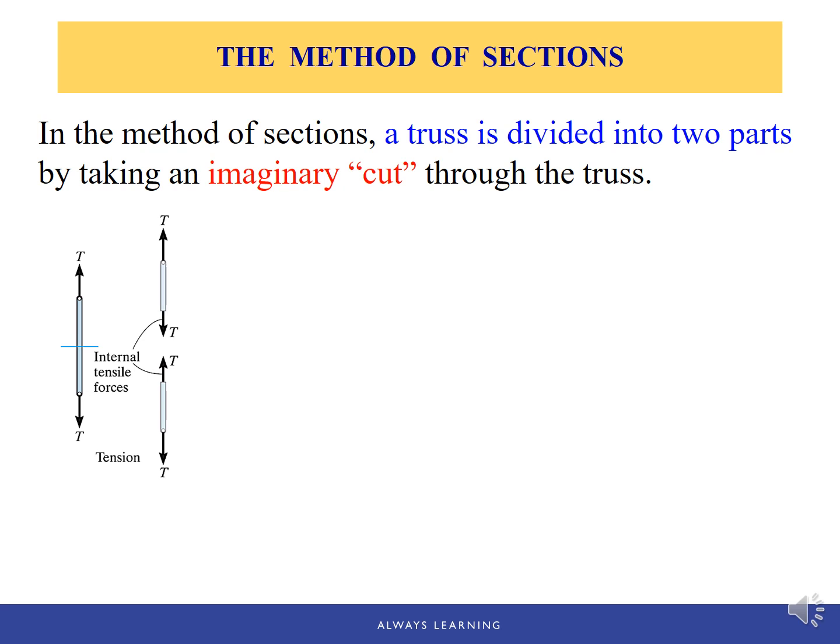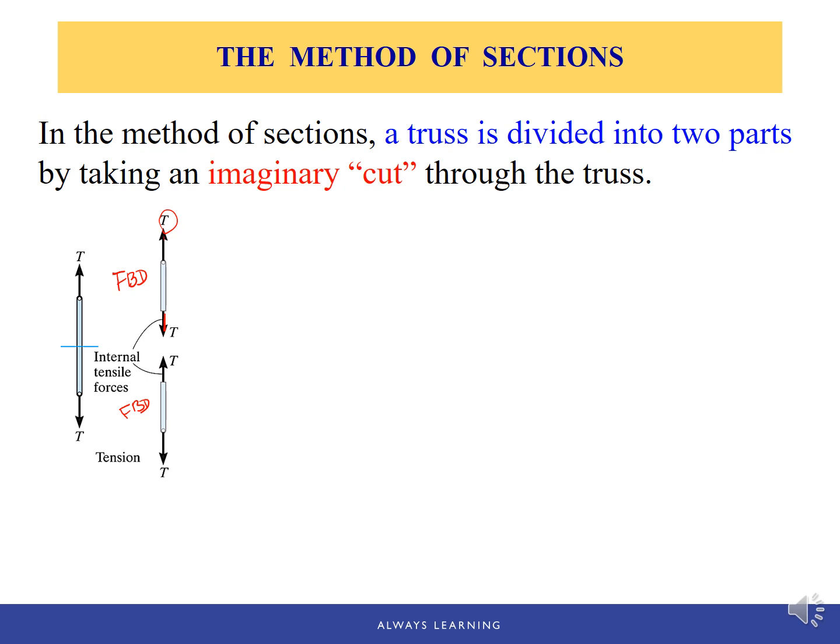To complete the free body diagram of each segment, for example the top segment, we expose the internal force as external now. Because of equilibrium, this internal force must be the same magnitude as the applied force here and in the opposite direction, which means it's also a pulling force, or tension. Same idea for the bottom segment.